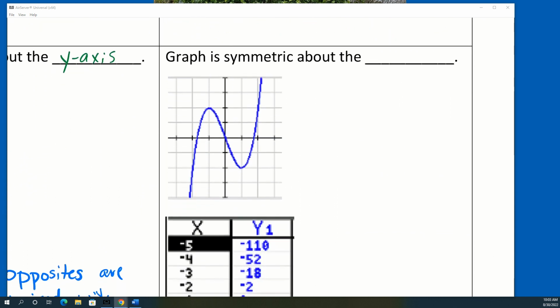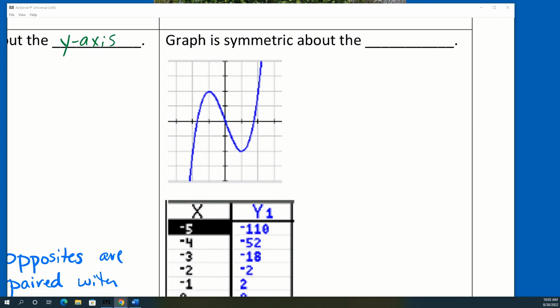All right, so for symmetry, odd functions are symmetric about the origin. And that symmetry looks like this graph. So you can think of it reflected on the x and the y, or rotated 180 degrees.